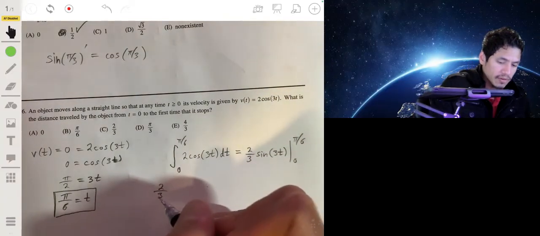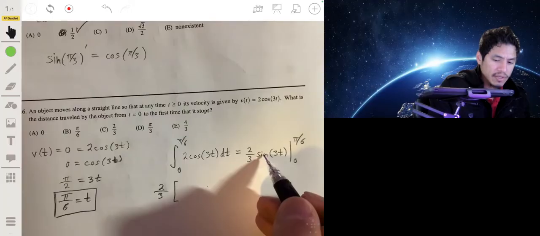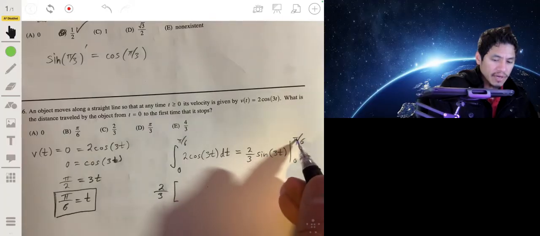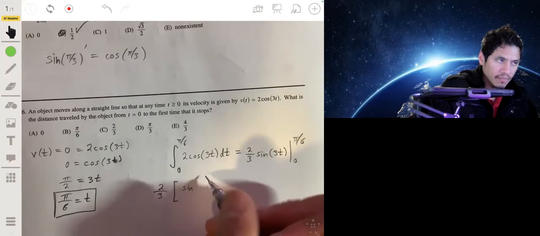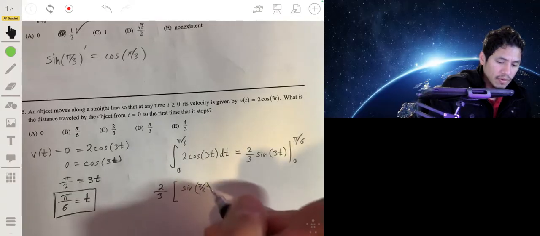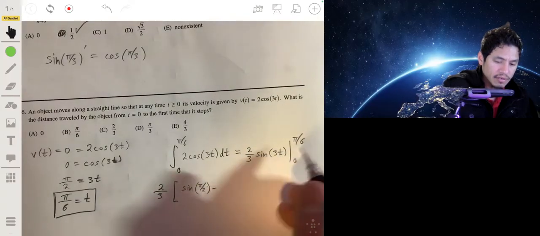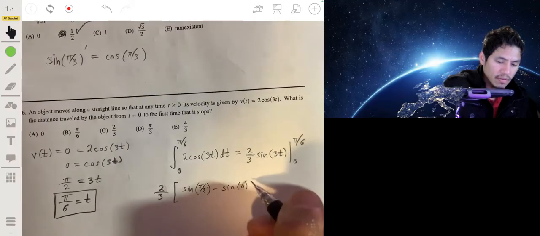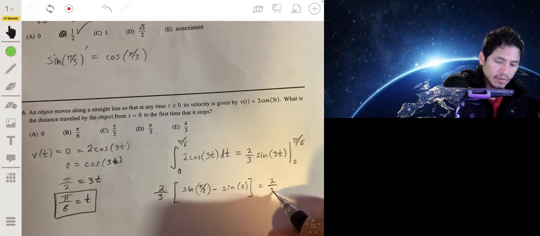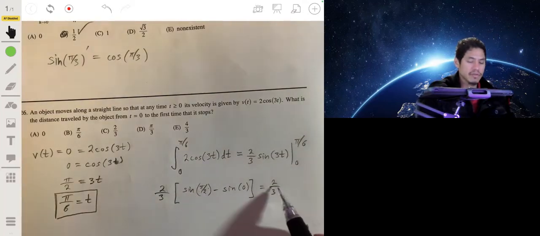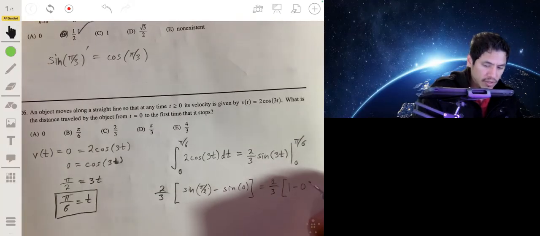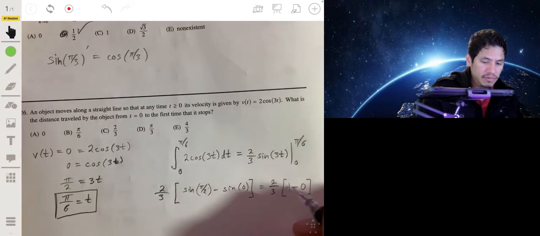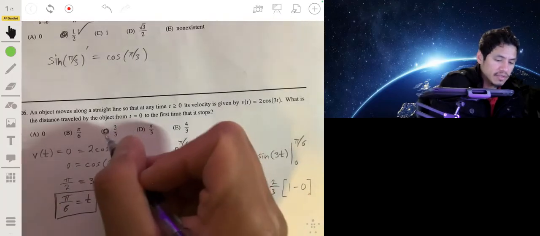We'll just keep the 2/3 out for now. 2/3 times the sine of 3 pi over 6, or sine of pi over 2, minus the sine of 3 times 0, or minus the sine of 0. So 2/3 times the sine of pi over 2, which is 1, minus 0. So 2/3 times 1 is just 2/3. So the answer is C.